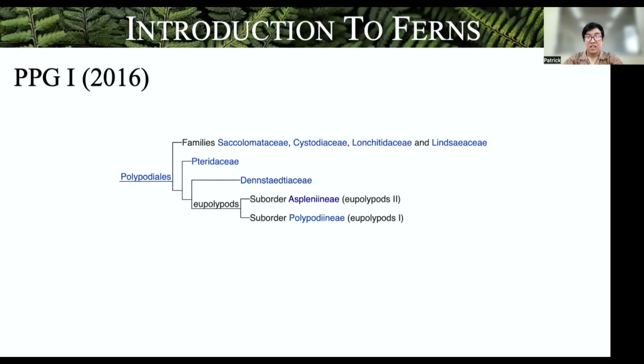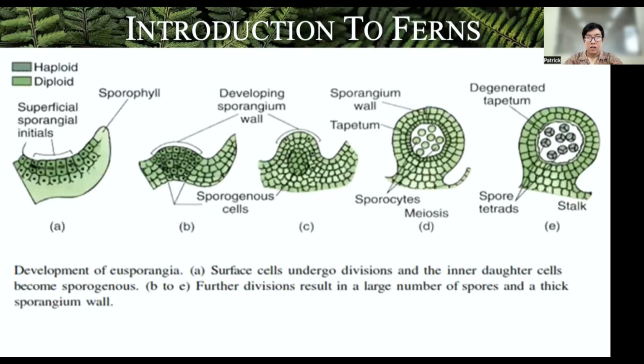So this is the extension of the order Polypodiales, which contains the eupolypods, the Aspleniineae, and Polypodiineae. So I mentioned previously the eusporangiates and the leptosporangiates. Eusporangiates refers to the large sporangium that develops from many initial cells and produces spores.